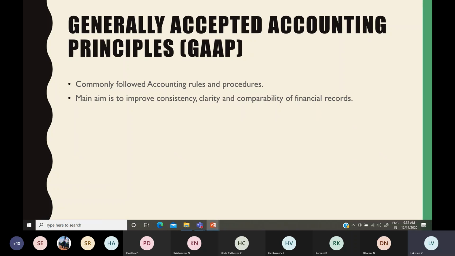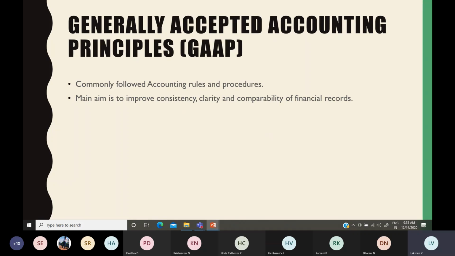For that purpose, there are certain professional bodies like the Institute of Chartered Accountants of India, ICAI, and the American Institute of Certified Public Accountants. These are the professional bodies. Accountants and chartered accountants have laid down certain principles, rules and practices that can be adopted by all the companies.